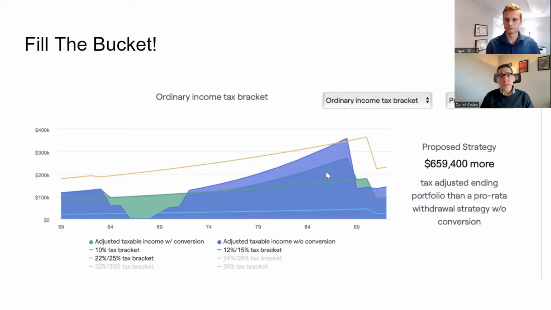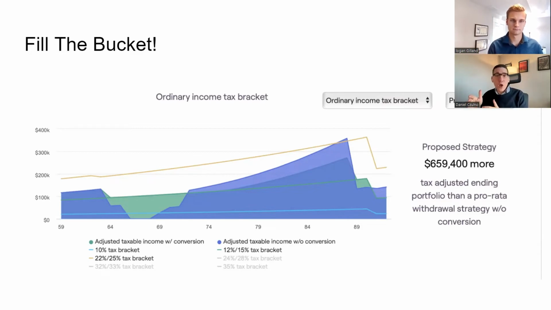So in this particular instance, this client would have been paying 25% tax on that blue area later in life when they started taking minimum distributions. But because we filled up what is then the 15% tax bracket when they are age 64, they're able to pay a lot of that income at 15%. It's now in a Roth, growing tax-free.